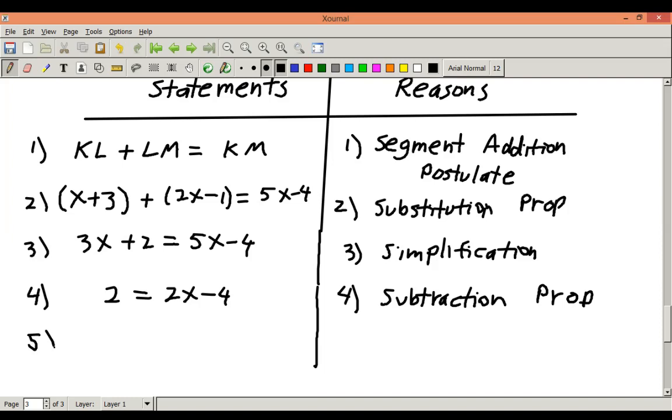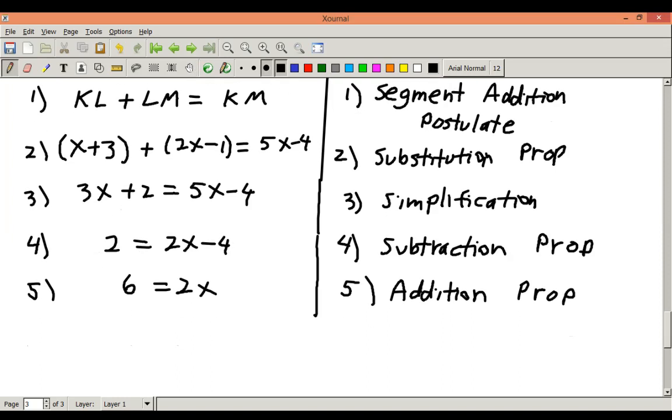Okay, solving for x here. Add 4 to both sides, so I get 6 is equal to 2x. Well, we added 4 to both sides, so that's the addition property. Okay, we're solving for x, so we got another step in our proof.